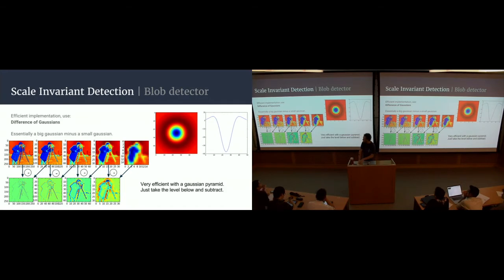This is a difference of Gaussians: a bigger Gaussian minus a smaller Gaussian, and it approximates the Laplacian of Gaussians. It's a very good approximation. I tried to line up the LoG with the DoG, and they didn't line up, so that's why I'm not showing the LoG here.